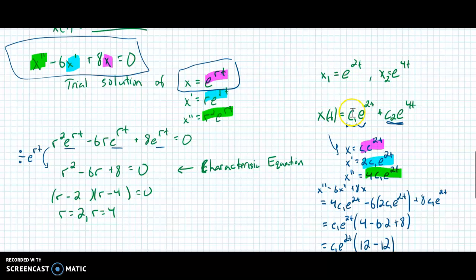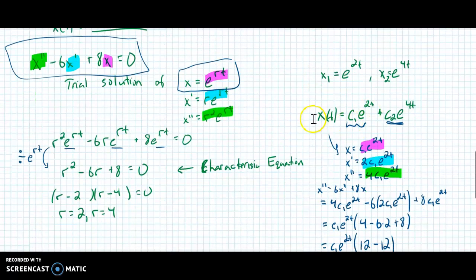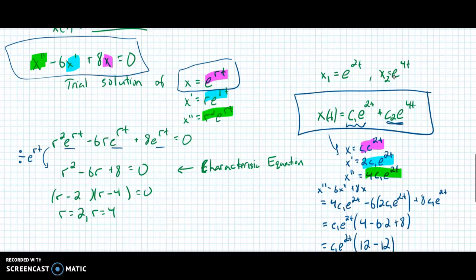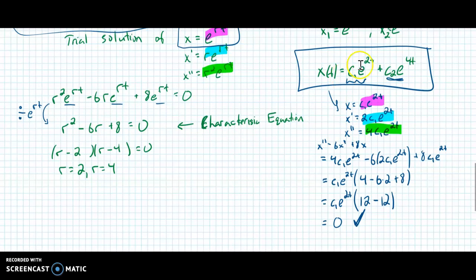And in fact, I can multiply the front side of each by a c to take care of my issue of having two integration constants. And then this right here, this is my answer. That's my solution. And this blue work down here is just to check to verify that this is working for that. And you could do the same check with this and you would get 0 as well. So hopefully that makes sense and you can rock through some of these in groups or on your own.